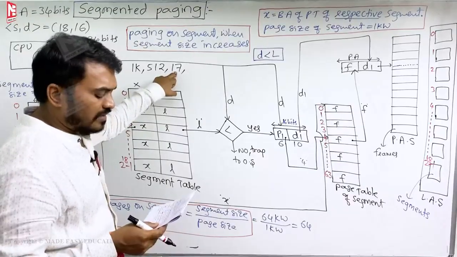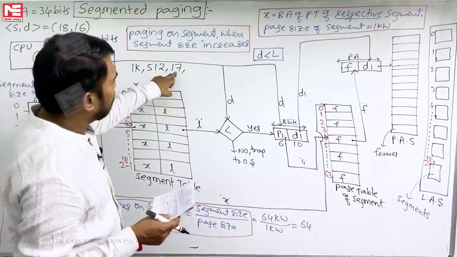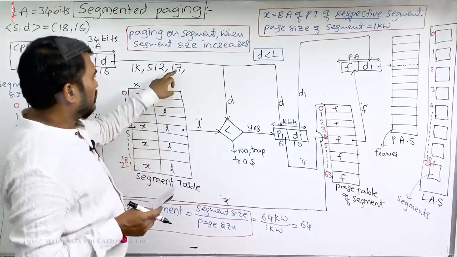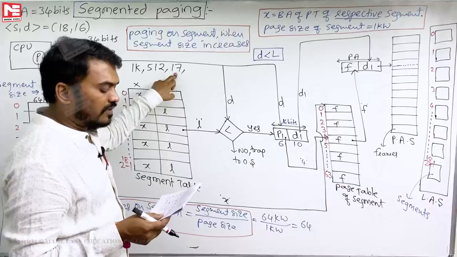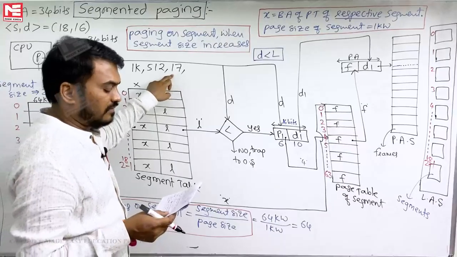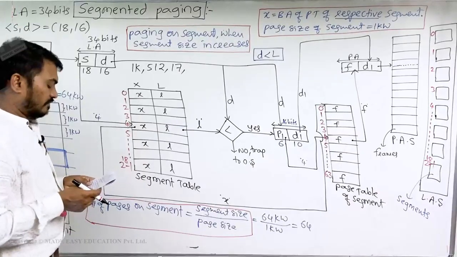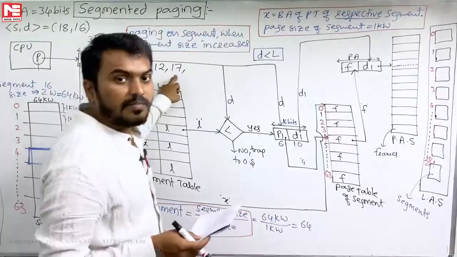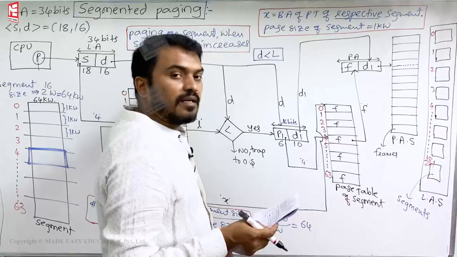The segment number requires 17 bits to represent all the segments of LAS.